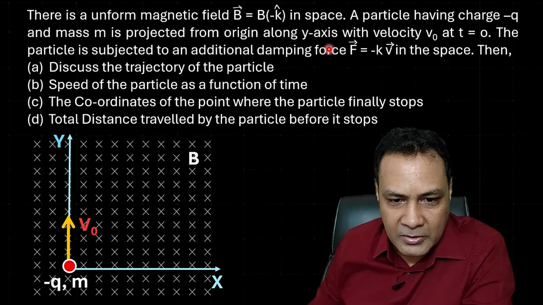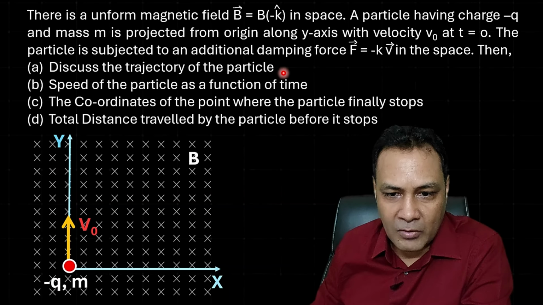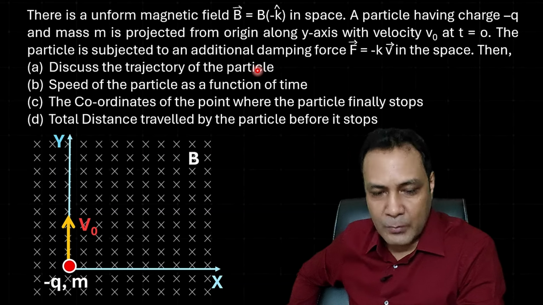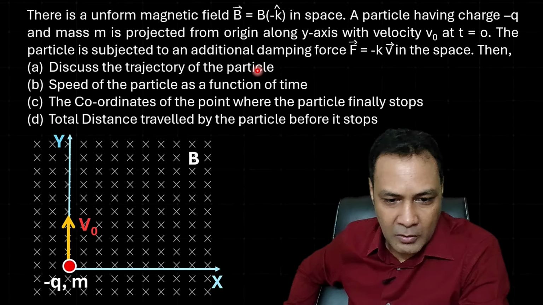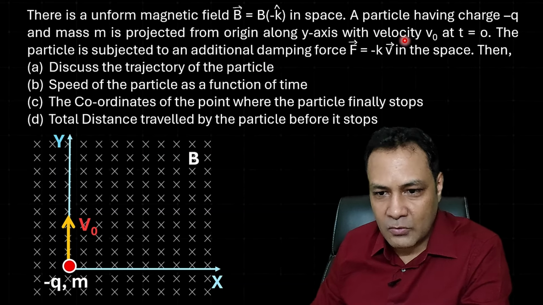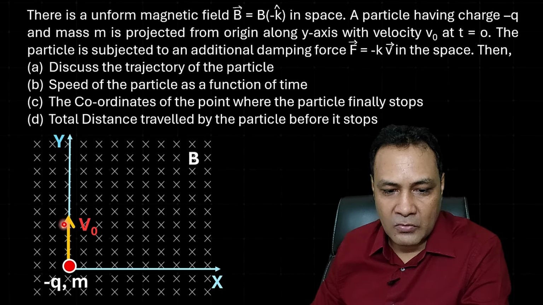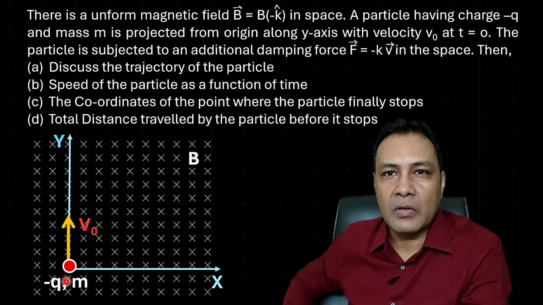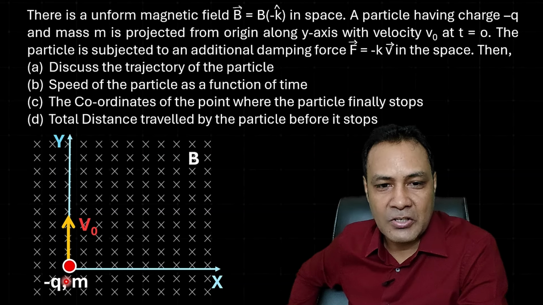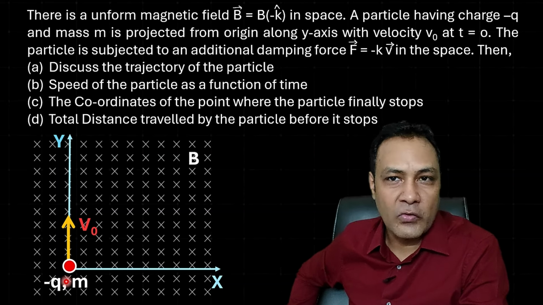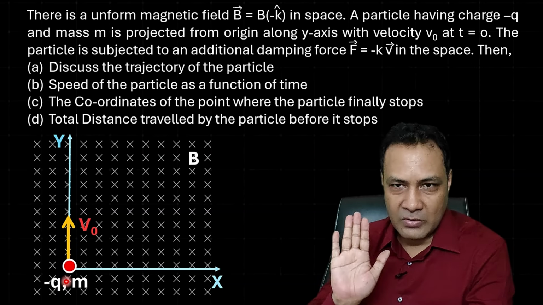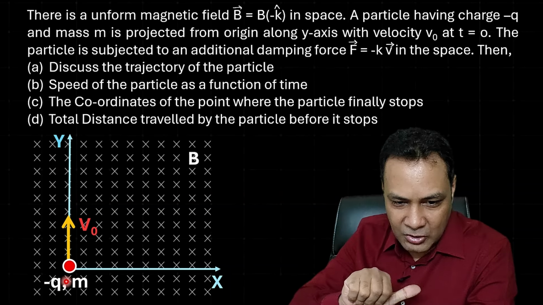When I say trajectory, we will discuss that qualitatively. We are not going to derive the expression for the equation of trajectory. Suppose the damping force was not there. So this is v naught, and there would be a magnetic force at t equal to 0, q v cross B. This is v and B is into the plane, so v cross B is in this direction.